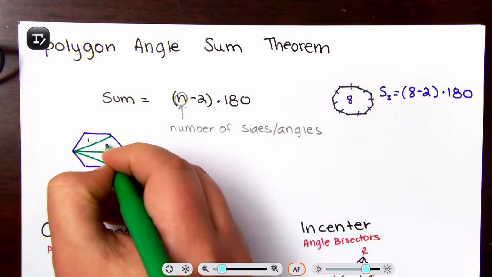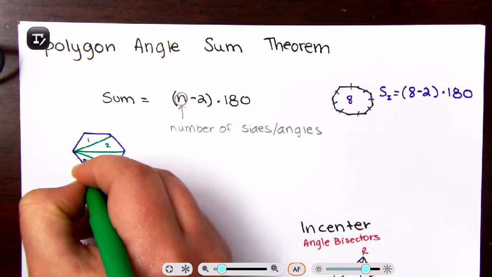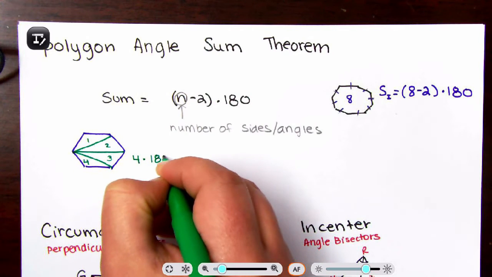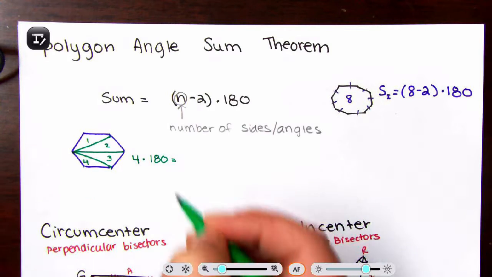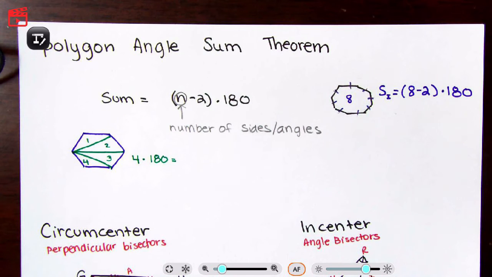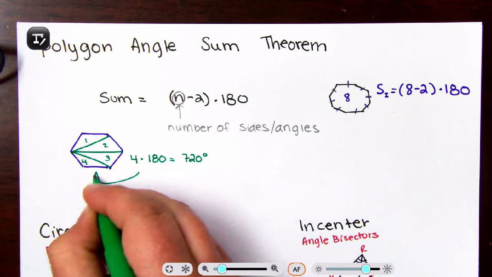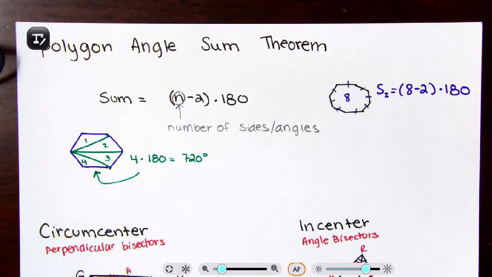So you have 1 triangle, 2 triangles, 3 triangles, 4 triangles. Each triangle has 180 degrees. So this right here would be 4 times 180 for your interior angle sum. 4 times 180 is 720 degrees for this one here. Or you could just use the formula.